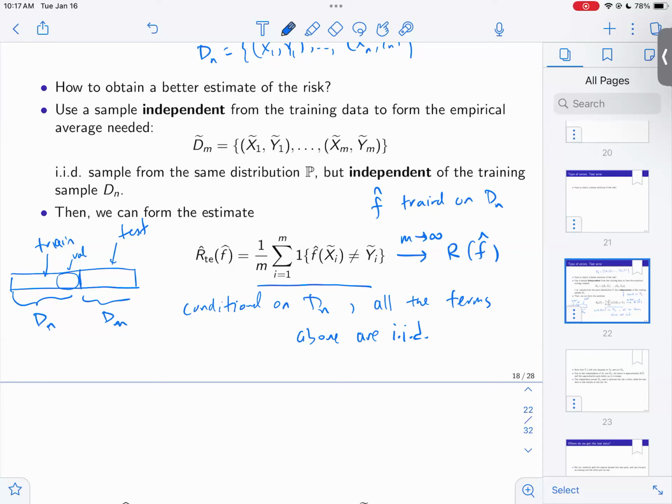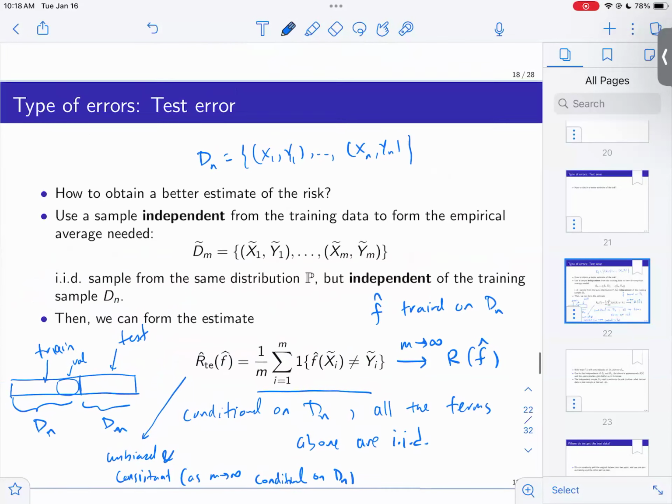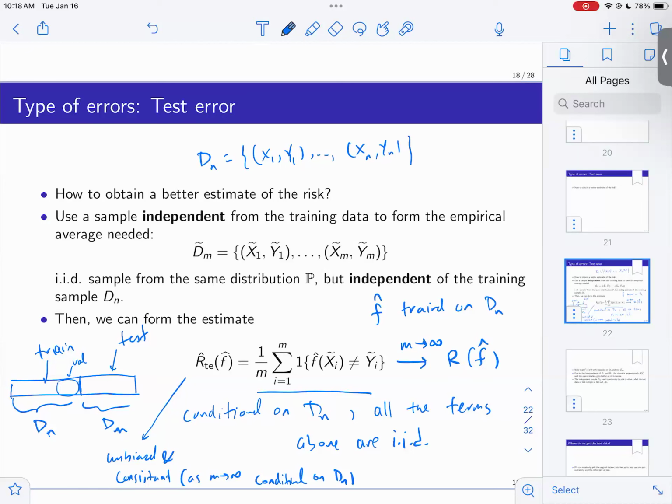So the expectation would be the correct one, and it also converges, so it's going to be both unbiased and consistent, as m goes to infinity, let's say conditional on D_n. So it's tricky, but unbiased is without qualification conditional. Okay, that's training. That's validation. Any questions? Comments?